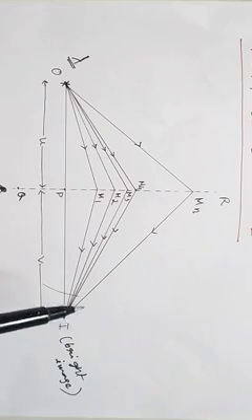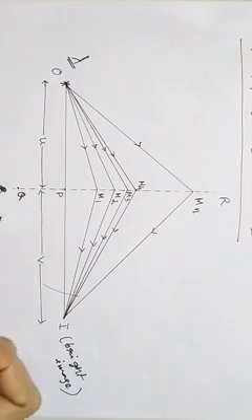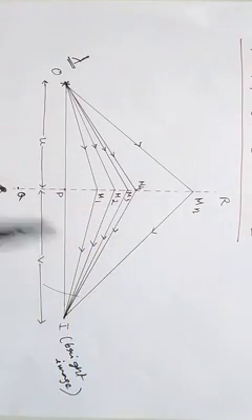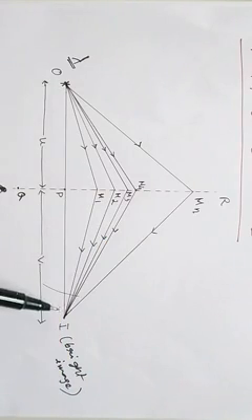Now suppose RPQ is such a wavefront, a plane perpendicular to both the plane of the paper and the line OI.